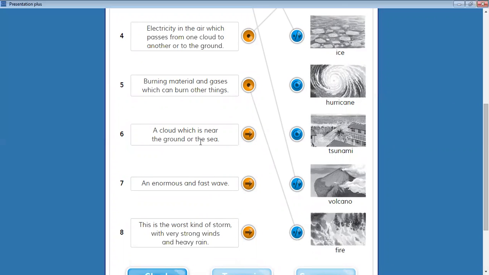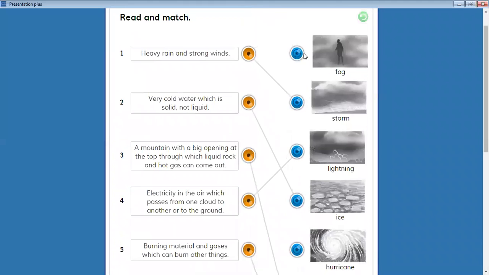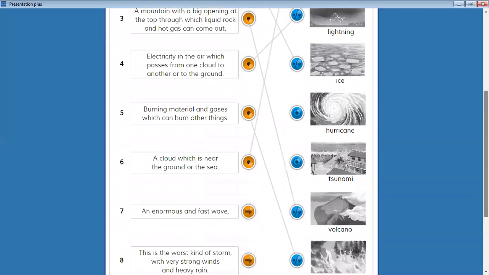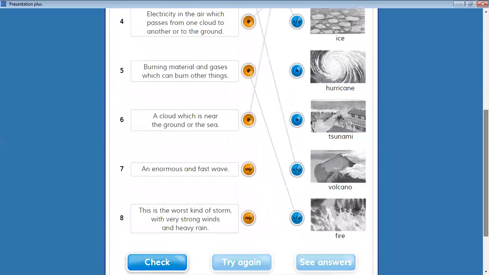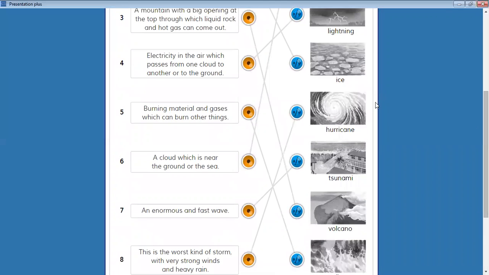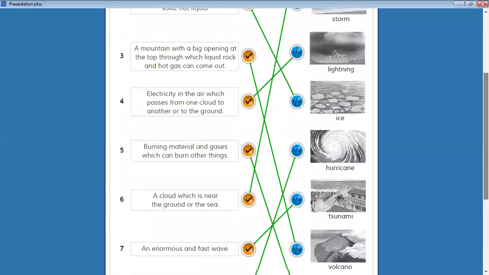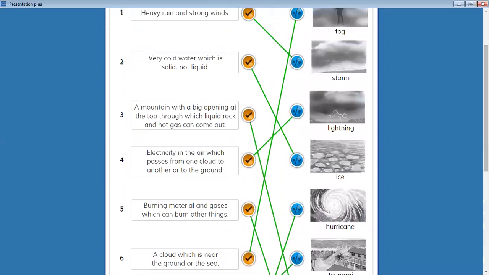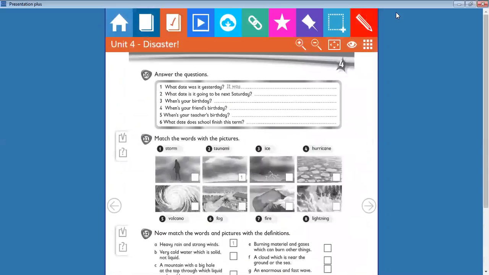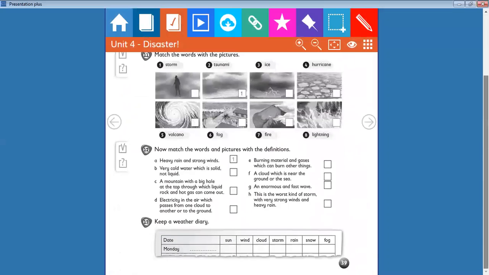A cloud which is near the ground or the sea, it's the fog. And an enormous and fast wave, it's a tsunami. And the last one, this is the worst one, which is the hurricane. Now let's check our answers. Yes, they are correct. You see?